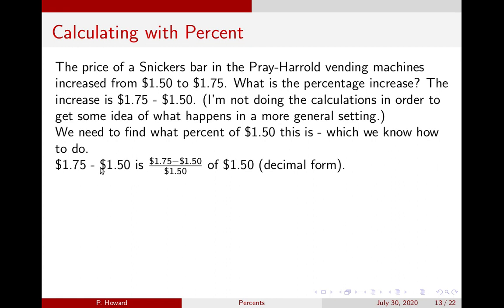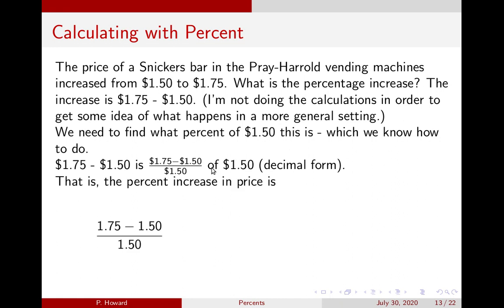So $1.75 minus $1.50 over $1.50 gives you the decimal form of the percent. So the percent increase in price is $1.75 minus $1.50 divided by $1.50. I'm simply rewriting that expression. So we're looking at this as being the increase in price, the increase divided by the starting value.